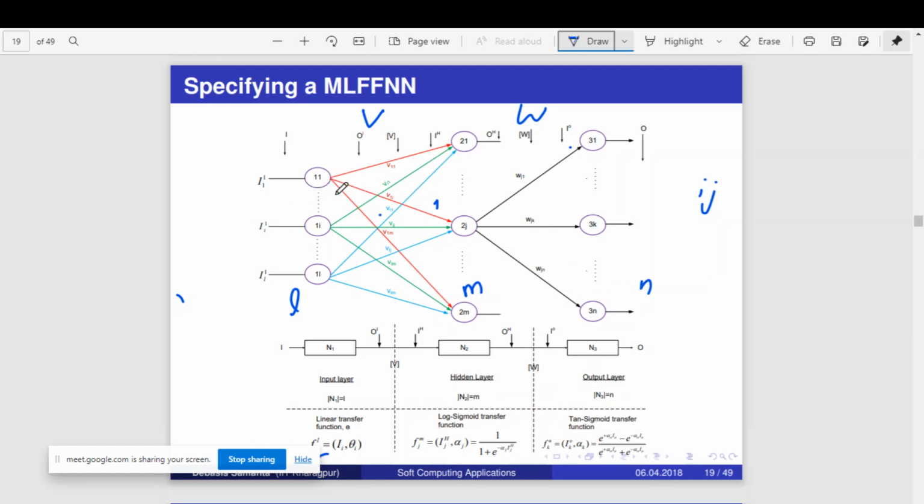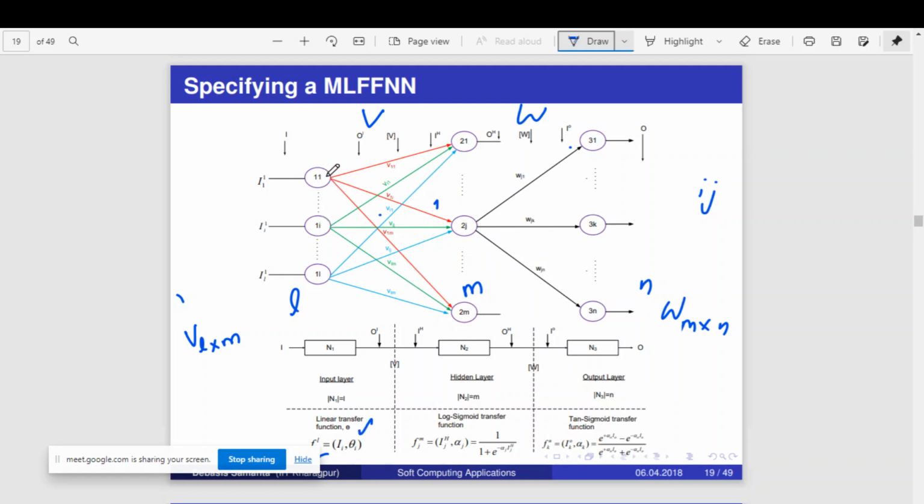The weights between the input layer and the hidden layer are represented using the V matrix, whose size will be L cross M, and the weights between the hidden layer and the output layer are represented using the W matrix, whose size will be M cross N. The activation function used in the input layer we assume to be a linear activation function; it checks whether the input is greater than some threshold theta or not.